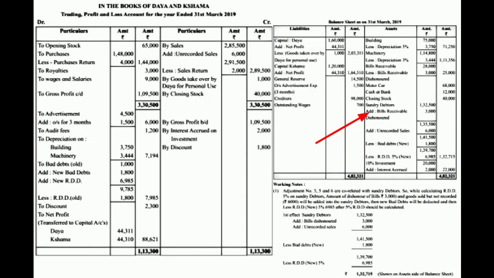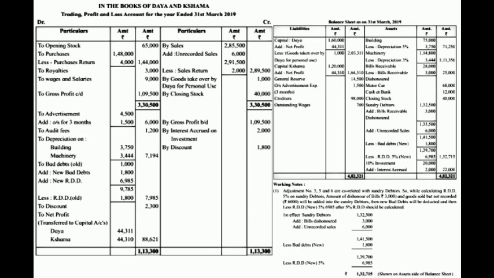Now we have to add this amount to the debtor because he has not paid his amount, so we have to increase his debt amount, that we are going to receive 3,000 more from the debtor. So we add 1,32,500 and 3,000. The total comes to 1,35,500. The first effect and second effect both will appear in assets only.